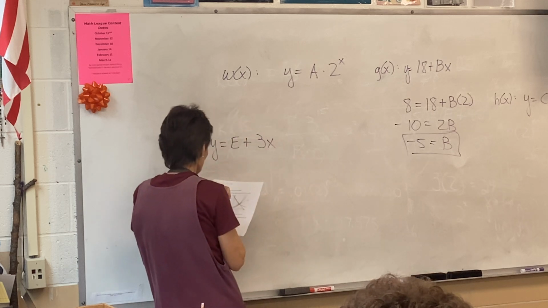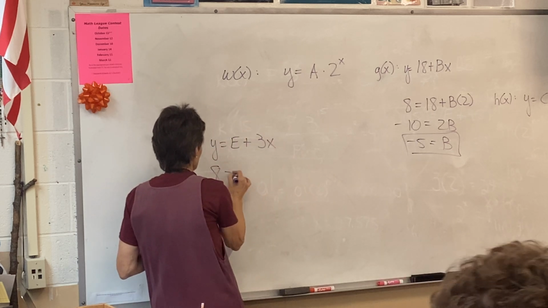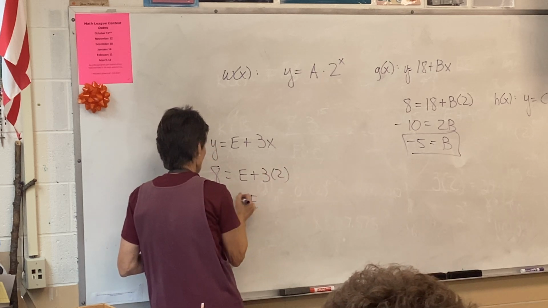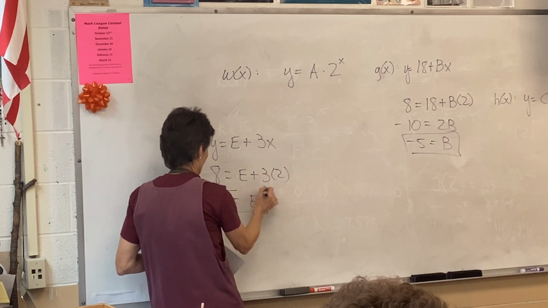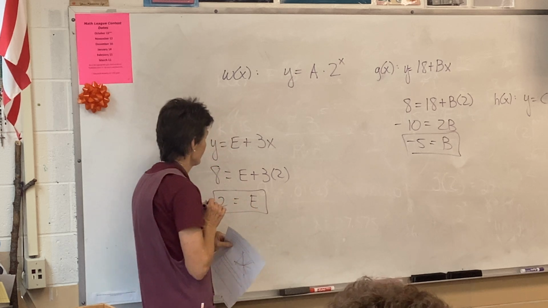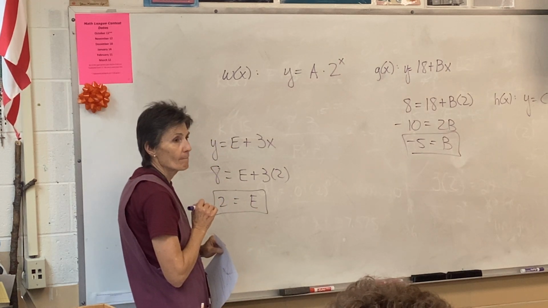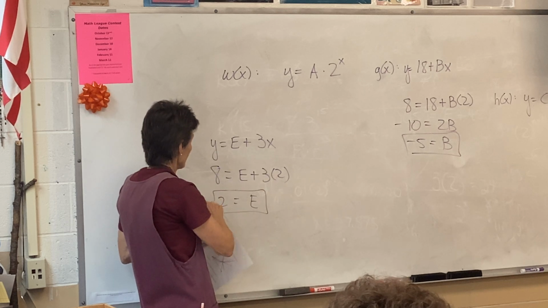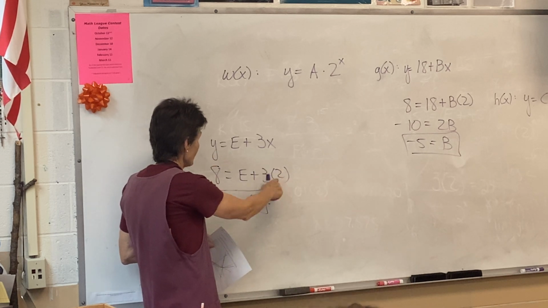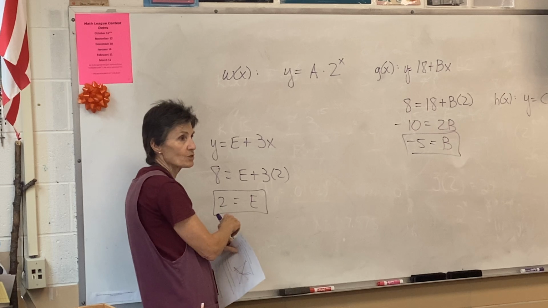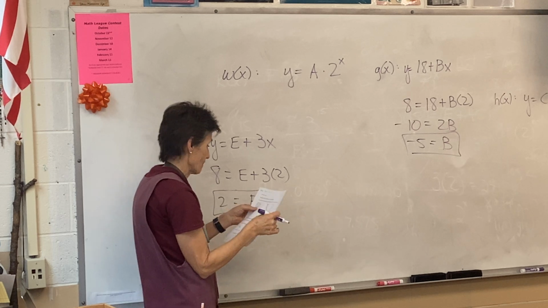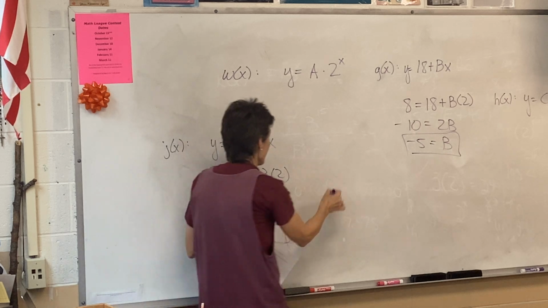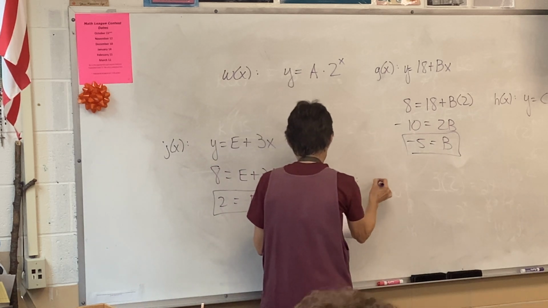Can I do something similar here? 8 equals e plus 3 times 2. Did you get e to be 2? This was equation J. So 8 goes in for y and 2 goes in for x. I got e is 2. And then I have k.